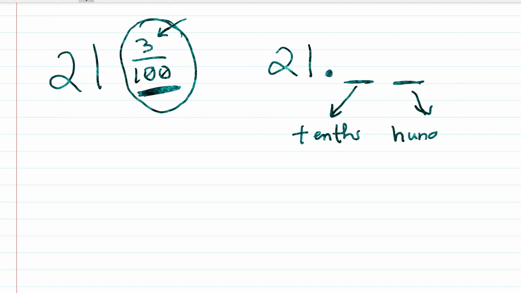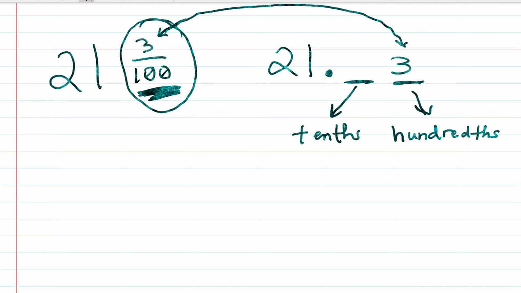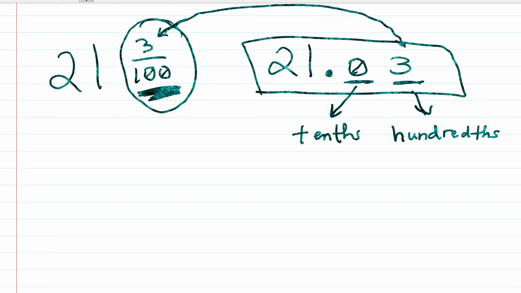When you're counting the place values for decimals, they don't ever start with ones. They start with tenths, hundredths, and then thousandths. We have a 100 there, so the 3 has to be in the hundredths place. So the 3 goes there, and you just insert a 0 in front of it. So 21.03 really says 21 and 3 hundredths.